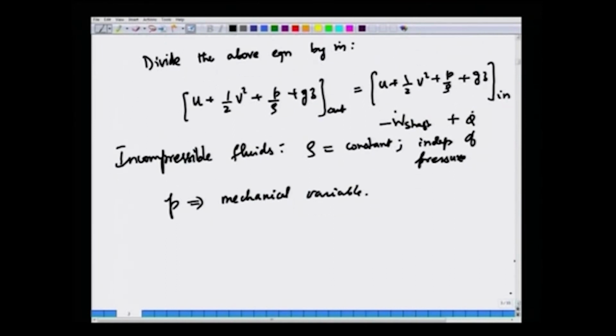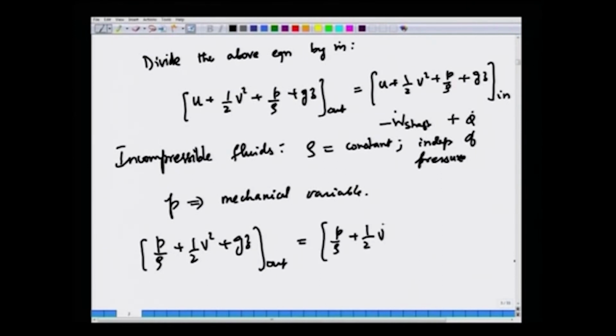In such a case, the pressure P is purely a mechanical variable, it is not a thermodynamic variable. Whereas u, the internal energy, is a thermodynamic variable. So, you take u to the other side to write this as p by rho plus half v squared plus g z at outlet is p by rho plus half v squared plus g z at inlet, minus w dot shaft, minus u out minus u in.